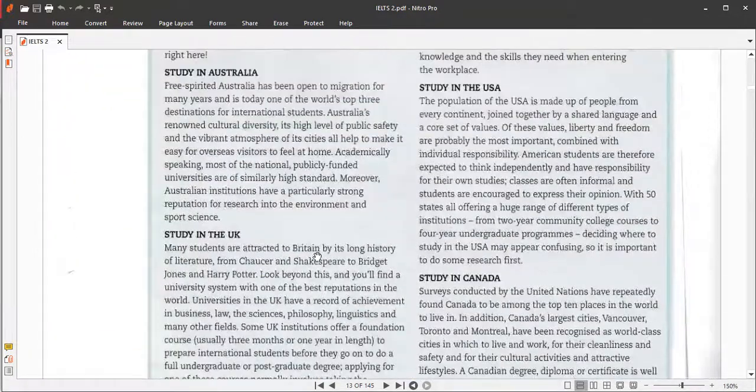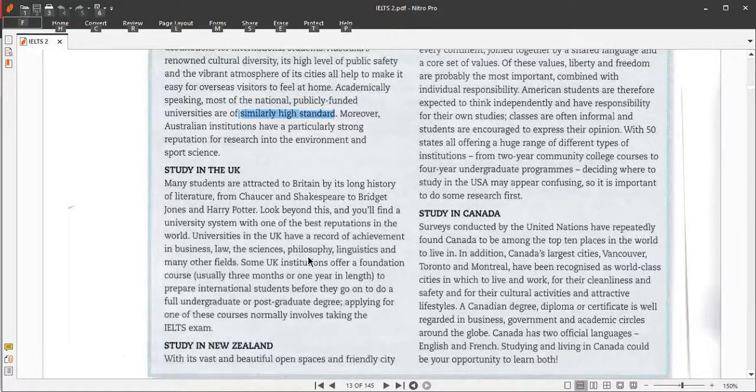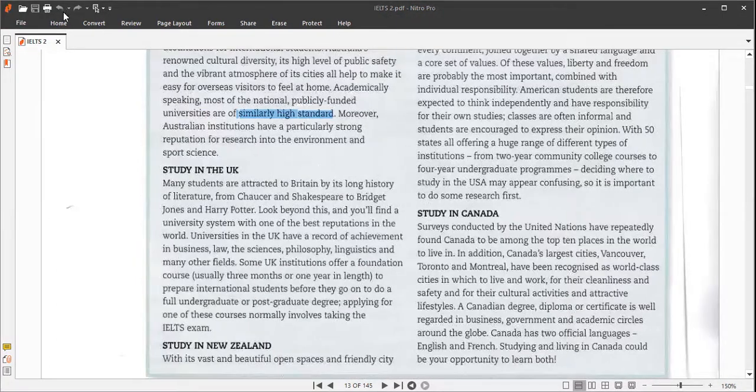That's because you cannot find the exact same words here. But the one that you will find is publicly funded universities, which are similar to state universities. Similarly high standard means they are comparable. Okay, they are similar in the standard.